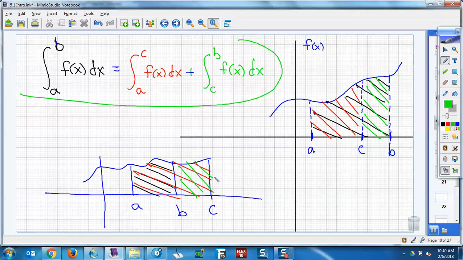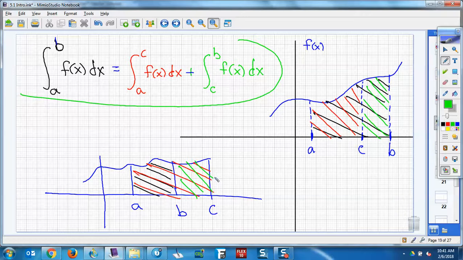So the black area, A to B, is that the red? So the red is this, so those would both be positive, right? A to B would be positive, the black. The red would be positive, but what's the green? The green is negative because it goes backwards, C to B. So isn't the black still equal to the red plus the green? It's still the red plus the green, because the red is positive, the green is negative.